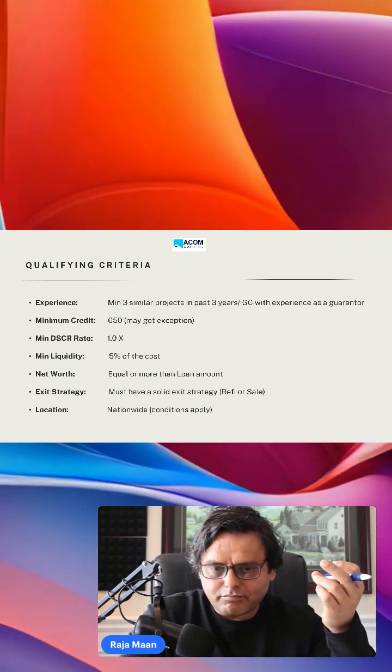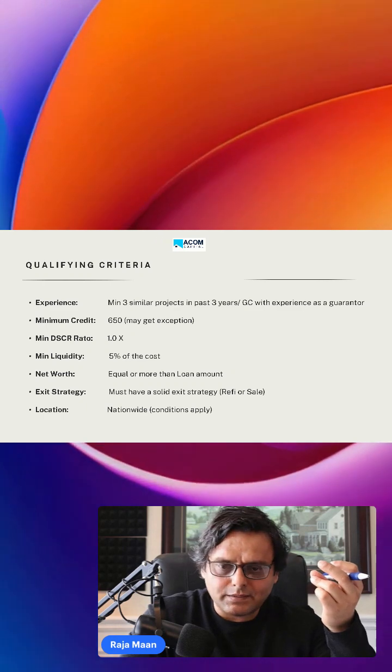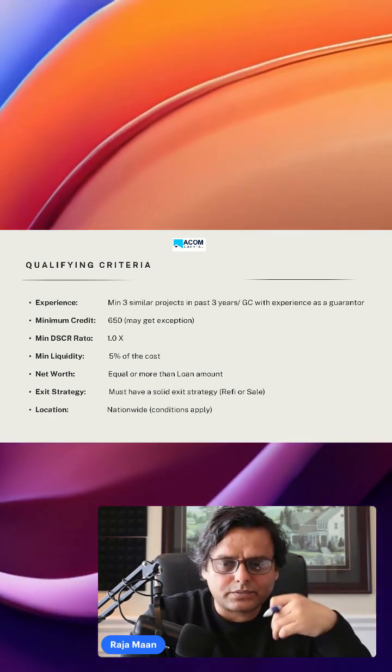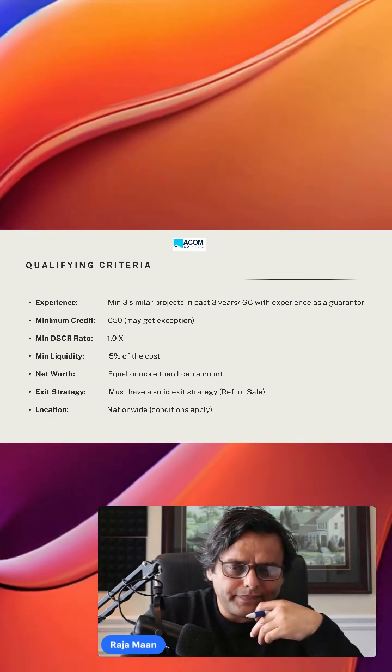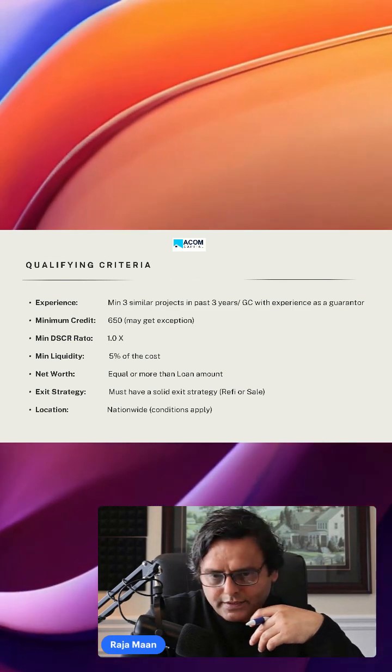I wouldn't say 3 years. I would say 12 to 18 months or 24 months. Within the last 2 years, you have to have at least 3 minimum projects. 650 is the minimum credit score. May get exception, especially on commercial properties.